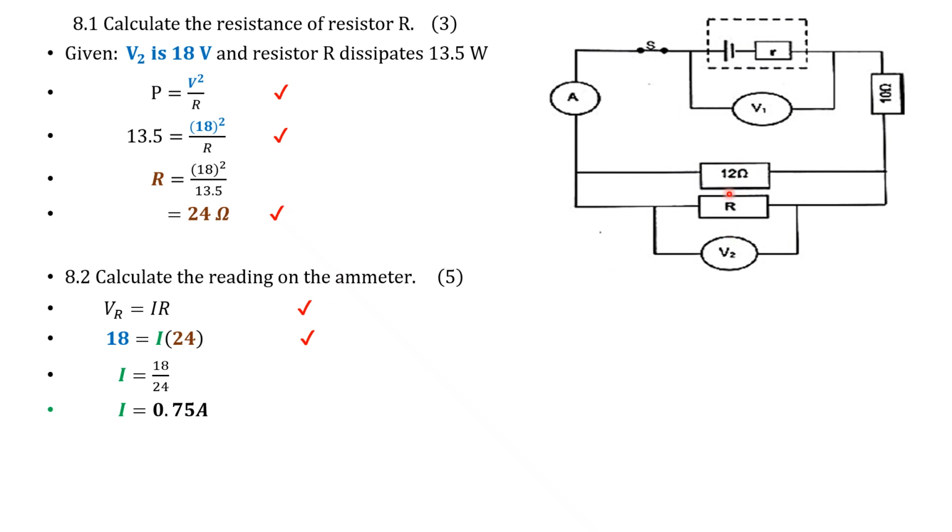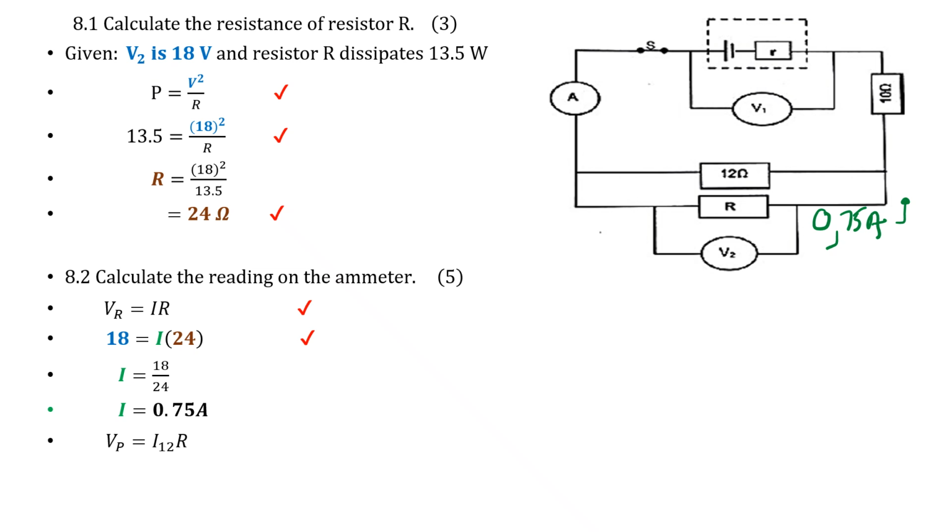Remember, in parallel, current is divided. So the current here plus the current there gives me the total current which is used in series, right? So we take V, the voltage for the parallel, I have I12, and then times the resistance, which is 12 ohms.